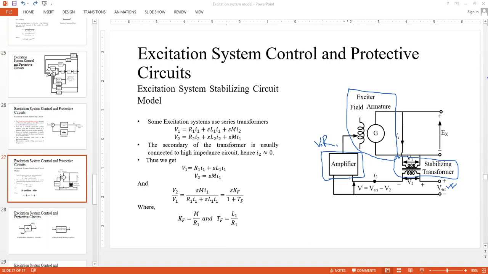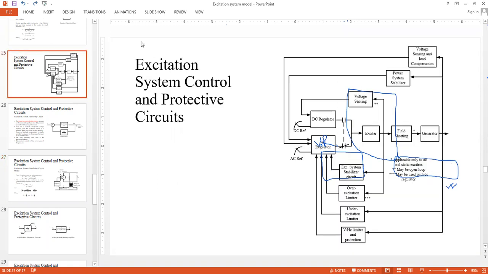So let's go back and try to see from where we could get the errors. You can easily see in this big picture, if it is an AC regulator, the error could be available from here. By error, we mean the difference between some reference value and some actual value fed back from the output of the generator.